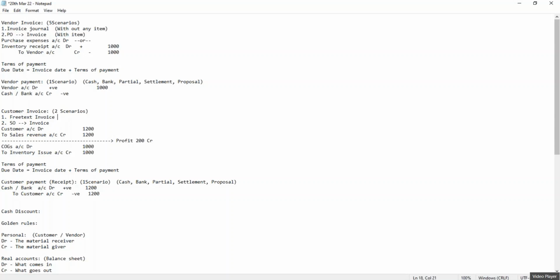Here also, the same procedure: without any item, and this is with item. Okay, so first let us see the invoice journal.